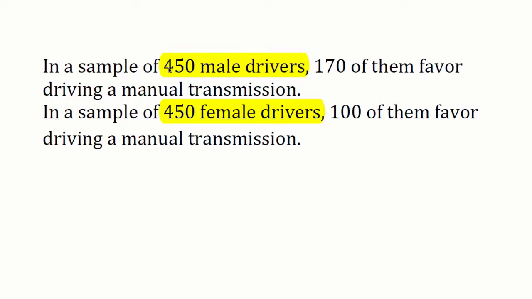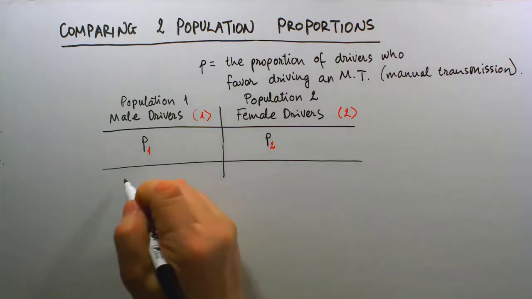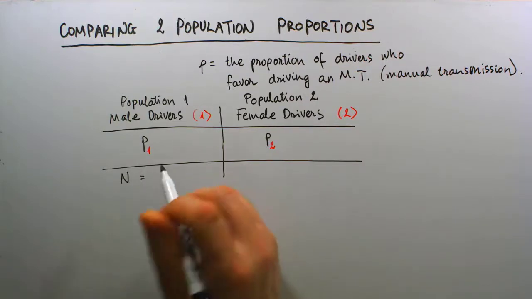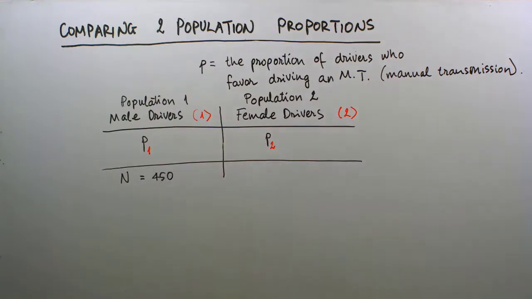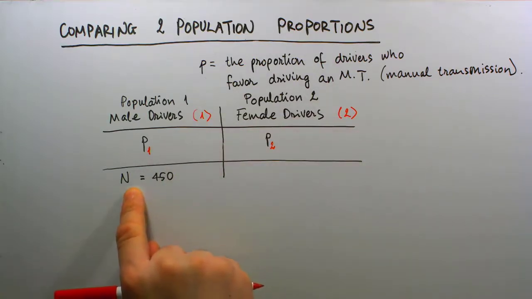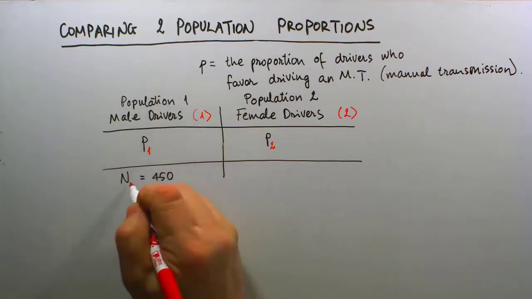And here's the thing, this 450 is the size of our sample from population 1. On my board, I have a sample size that I selected from population 1 being as large as 450. In the new convention about numerical labeling that we have just decided, this sample size is the sample size that I used in population 1. And so I call that now n1.